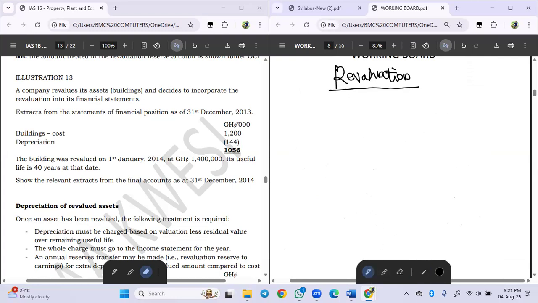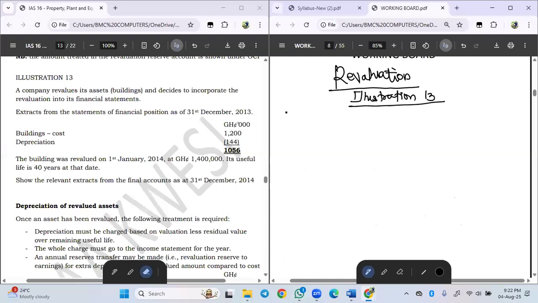Okay. So let's try illustration 13. Someone should read it for me. Please, who is reading? Illustration 13. A company revalues its assets, that's building, and decides to incorporate the revaluation into its financial statements.